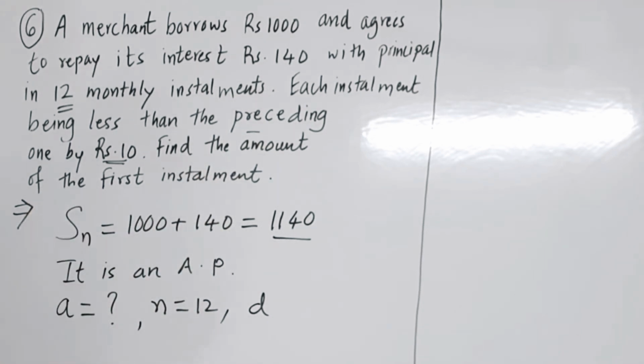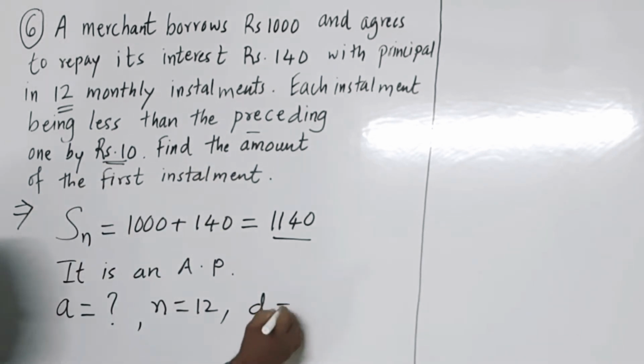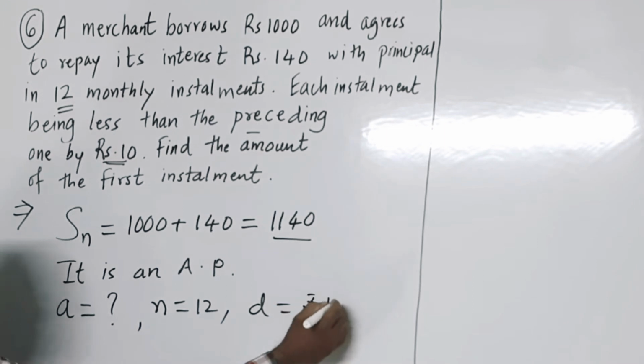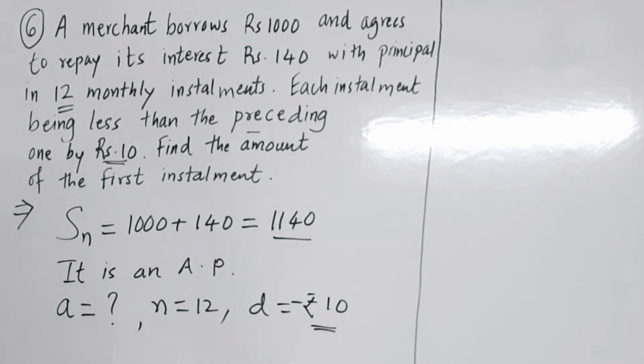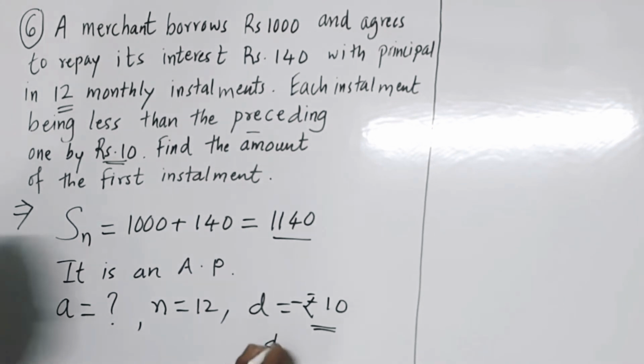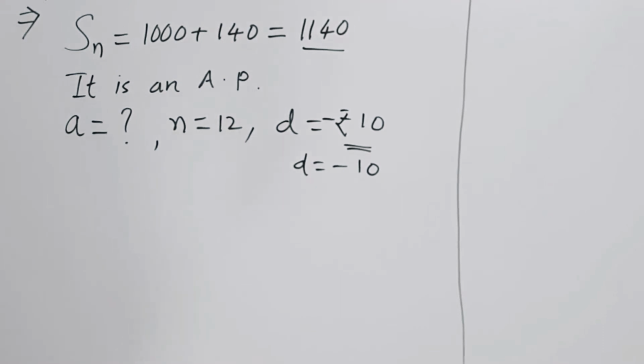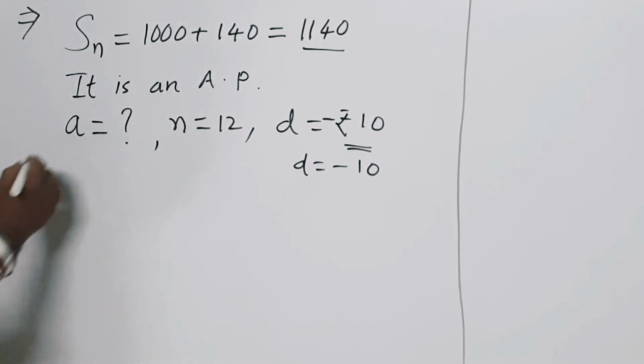Each installment is less than the preceding one by rupees 10, so here d is minus 10. Since it is becoming less by 10 rupees every month, we have to find a.